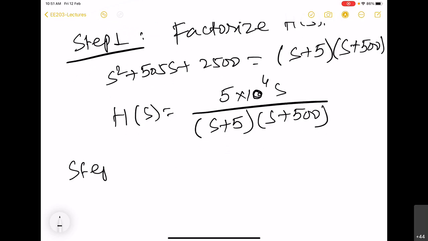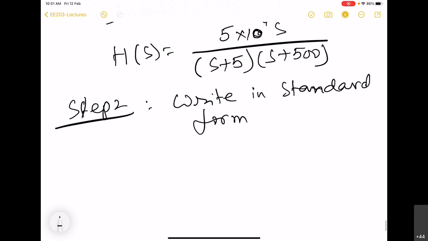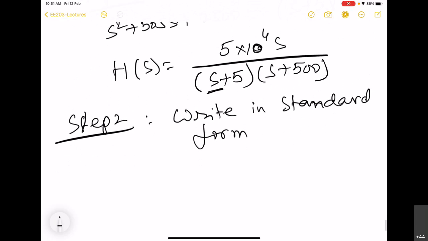Now in step 2, we convert it into standard form. So for that, modify these two factors. We have to take 5 and 500 common. So here you can see that we have a pole at minus 5 and minus 500.